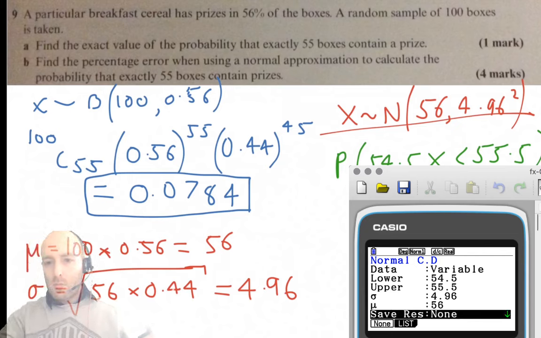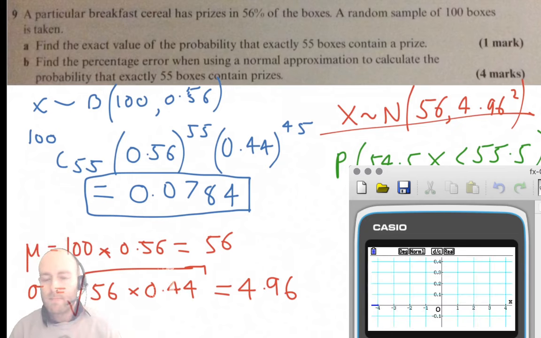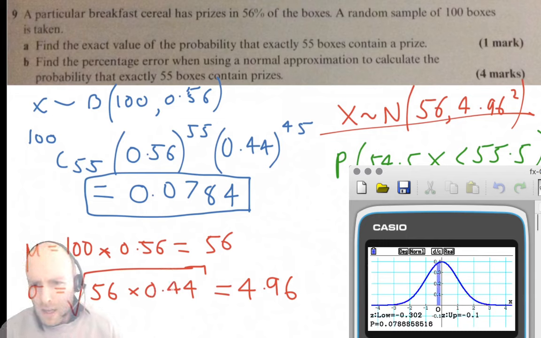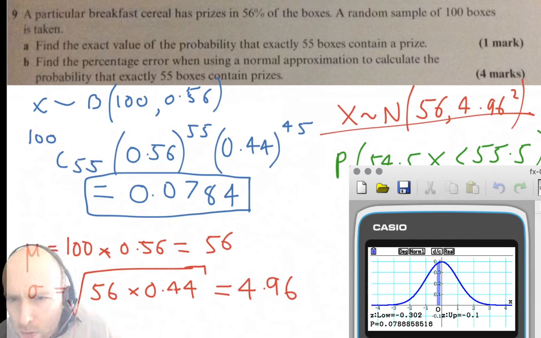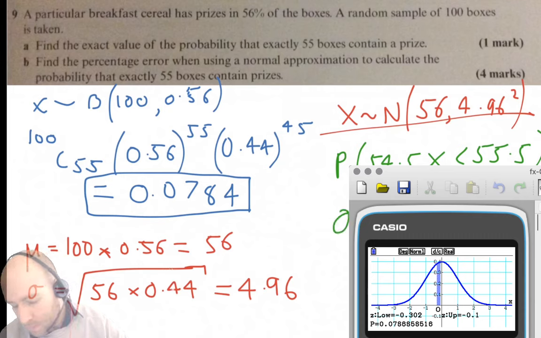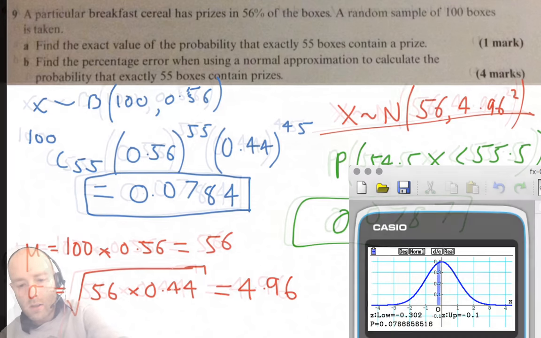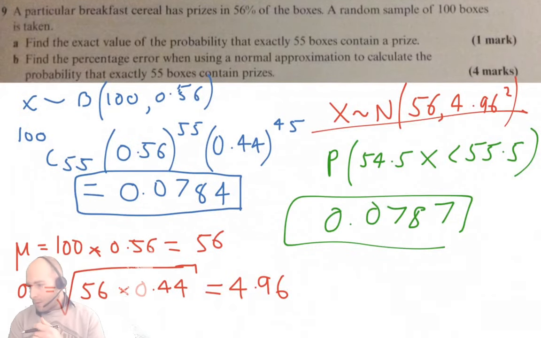Cool. There we go. And I've got 0.0787. Cool. There we go. So those are two answers.